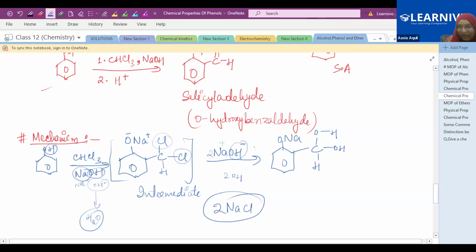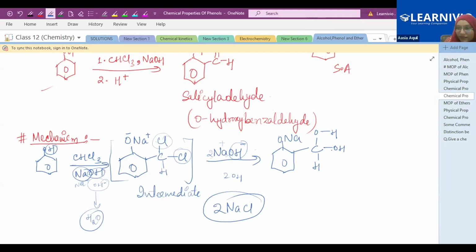Two hydroxyl groups will attach on this carbon. Is it okay? Got my point? Yes.